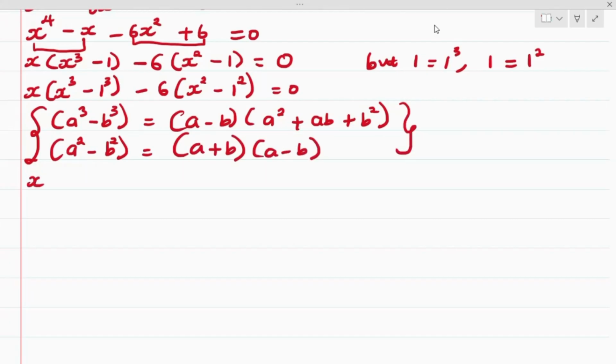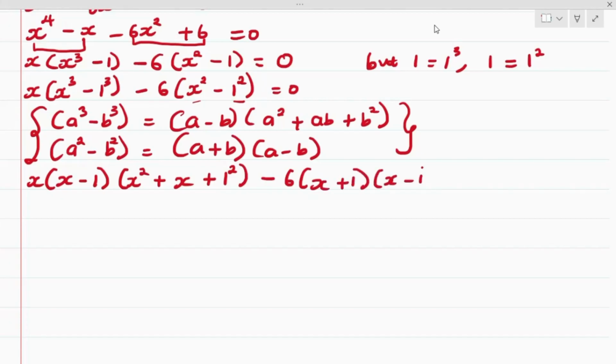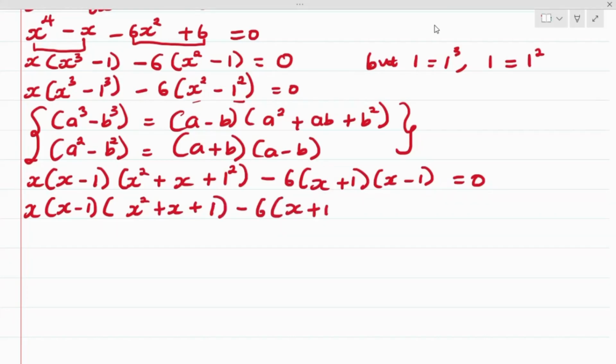So we have x multiplied by (x minus 1) multiplied by (x squared plus x plus 1 squared, which is 1), minus 6 multiplied by (x plus 1) multiplied by (x minus 1), equal to 0.